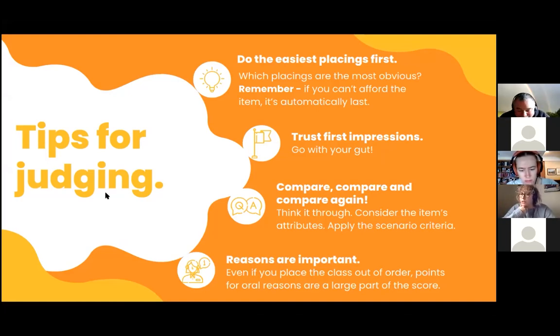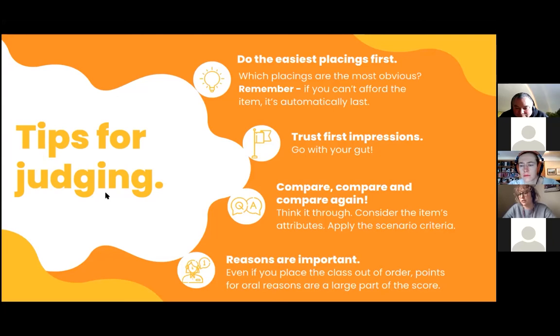So don't overthink things. Trust first impressions and go with your gut. You've read your study guide, you know what you're looking for. If something seems obvious, or if you think, yeah, that makes the most sense, trust your gut. Compare, compare, and compare again. This is where maybe that comparison matrix can come into play and help you out. Think it through. Consider each of the items' attributes, each of their features, and apply the scenario.